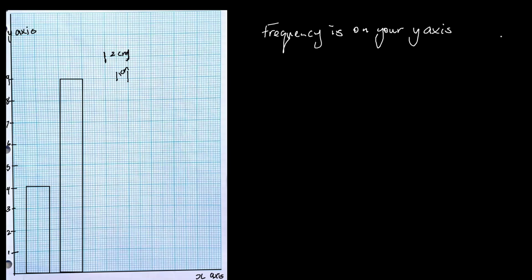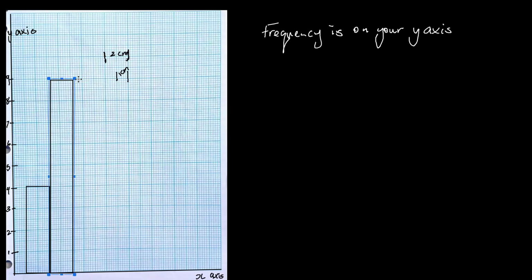Now, you don't have to do it like that. You could actually connect your boxes. Since it's a histogram, you could connect your boxes, right? So let's connect the boxes. It's a histogram, we could connect our boxes. All right. Next one, it goes up to 3.